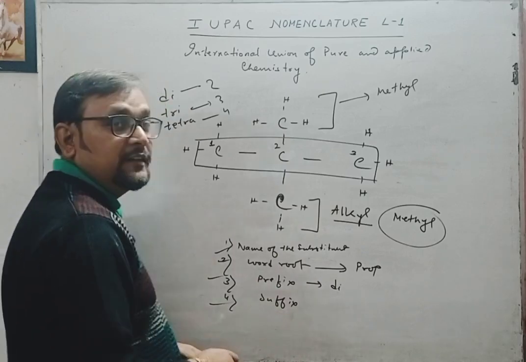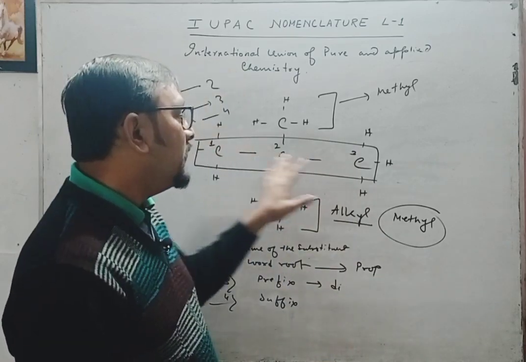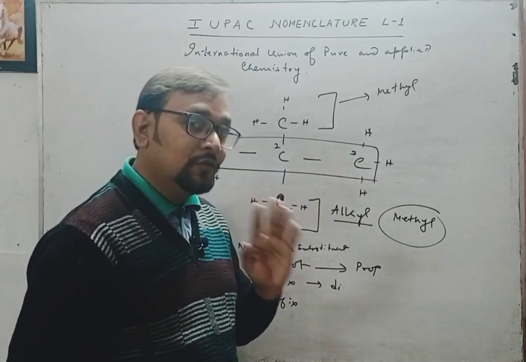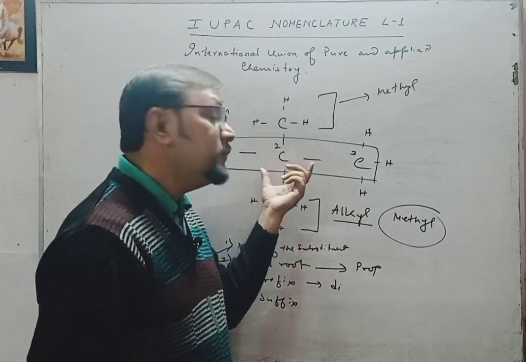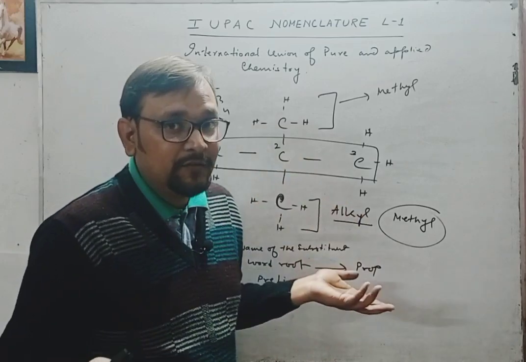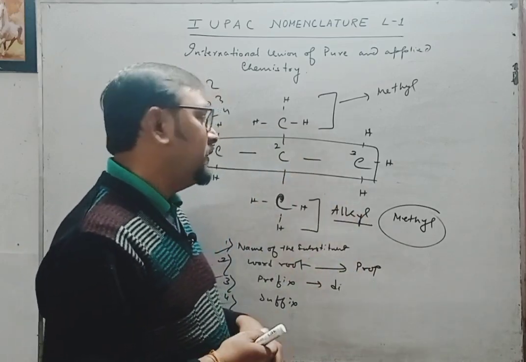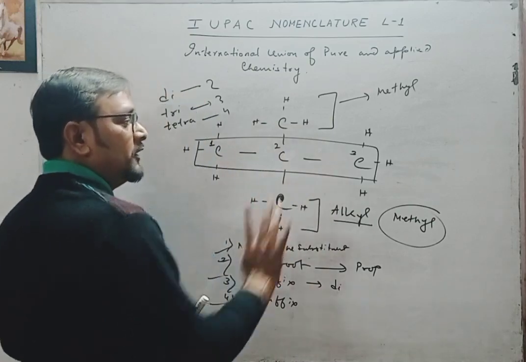And what is the suffix here? Yes, is there any double bond, triple bond in the longest chain? No, there is no double bond or triple bond present in the longest chain. Is there any functional group present here in the longest chain? No, I have not started functional groups yet. So there is no question of it. Okay, so no functional group is here.